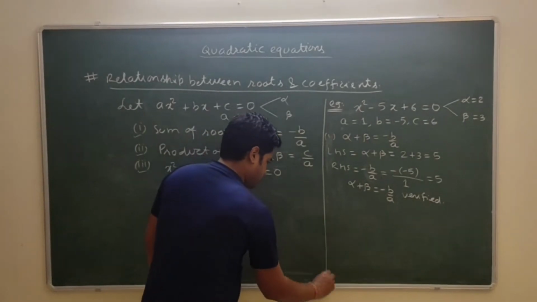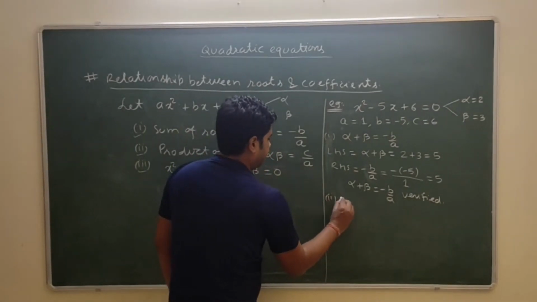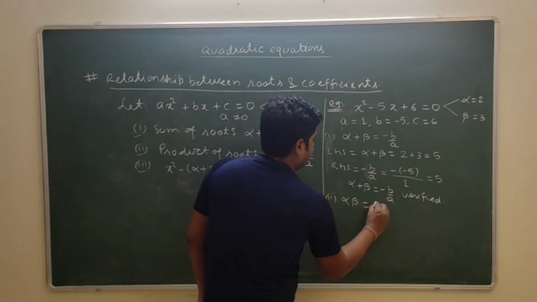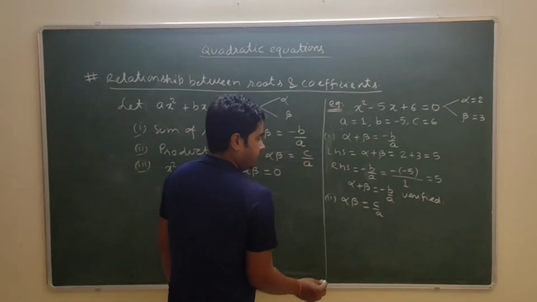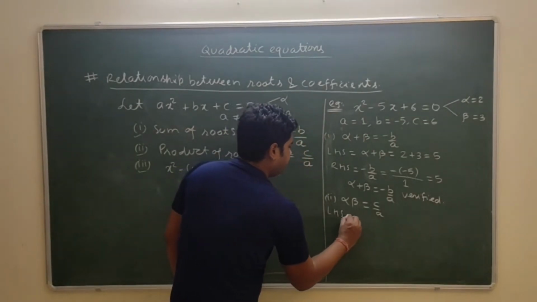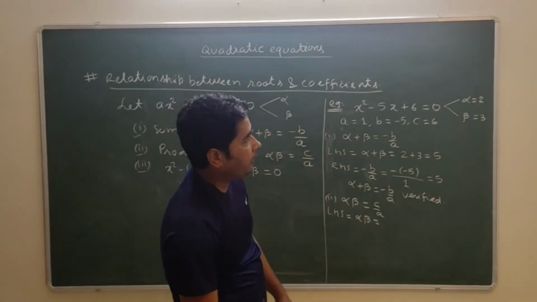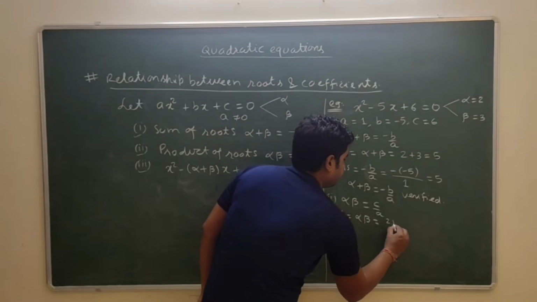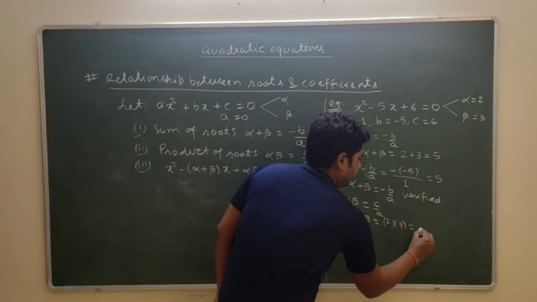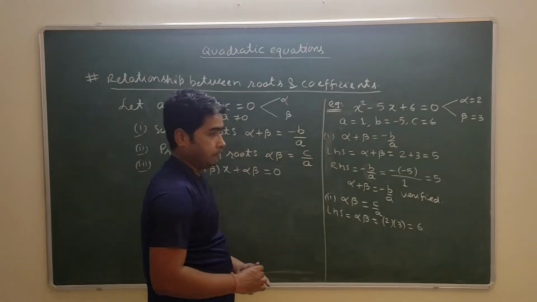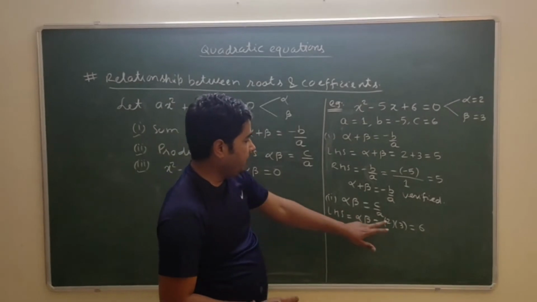So the second part is alpha into beta equals c by a. For this, the left hand side is alpha multiplied by beta. We have the values of alpha and beta, so let's put the values. 2 multiplied by 3 is 6. So alpha into beta is 6.